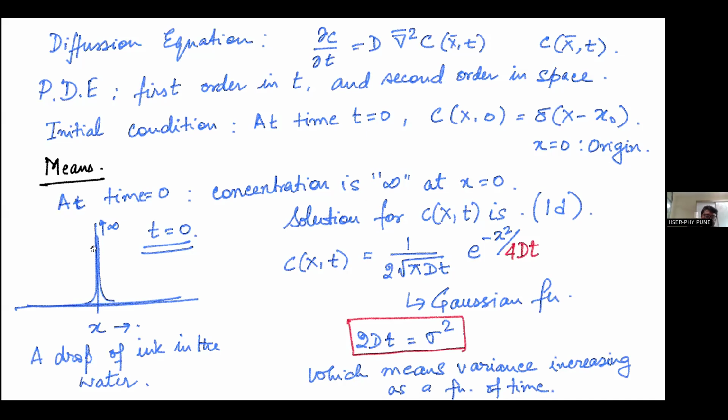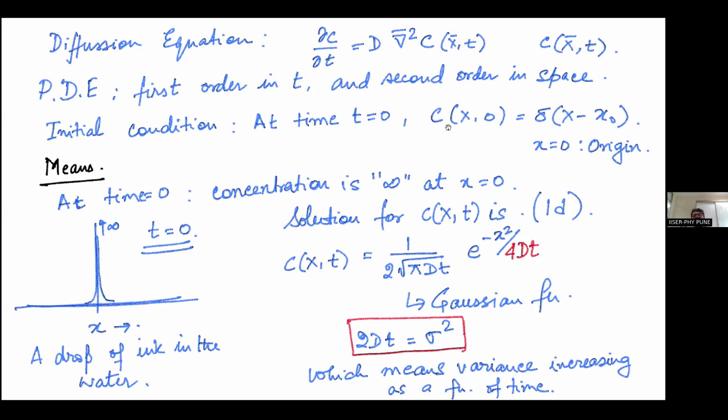So you have a high concentration of ink at a certain point in space at time t equal to 0. So you say that that is your initial condition. At time t equal to 0, at x0 being the origin, you have a delta function. That's your initial concentration.